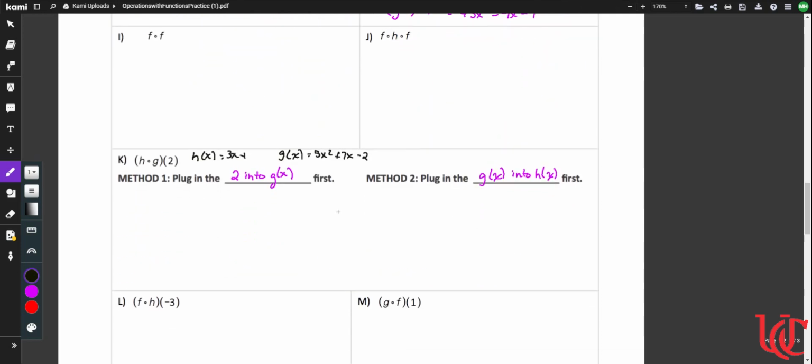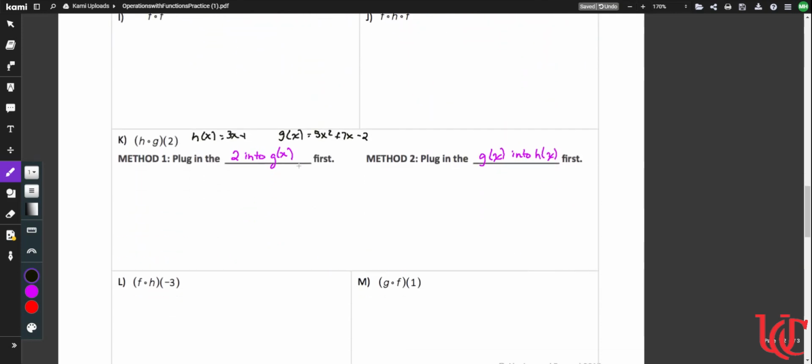All right, so if we do it the first way, we're plugging in the 2 into the g of x. So that is telling me that I am going to be doing h of g of 2.